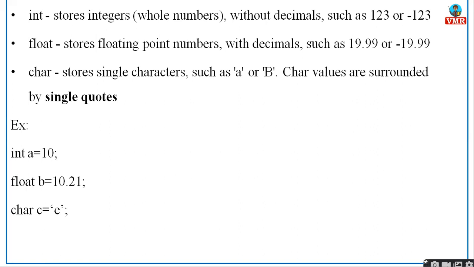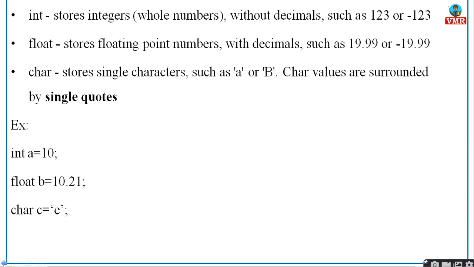And char stores a single character such as small a or capital B, it may be capital A or small b, whatever it may be, but only a single character. Char values are always surrounded by single quotes, right? So these are the major data types. We'll see the data types in detail in later videos.